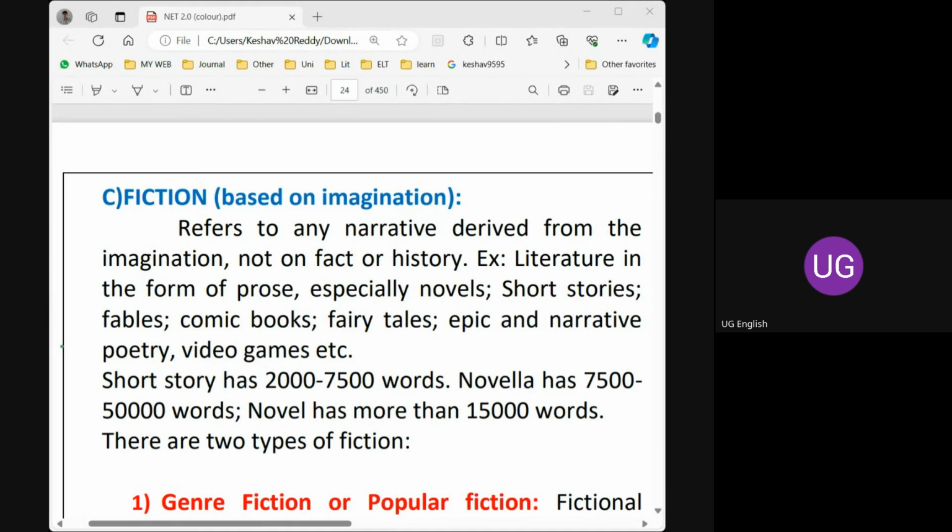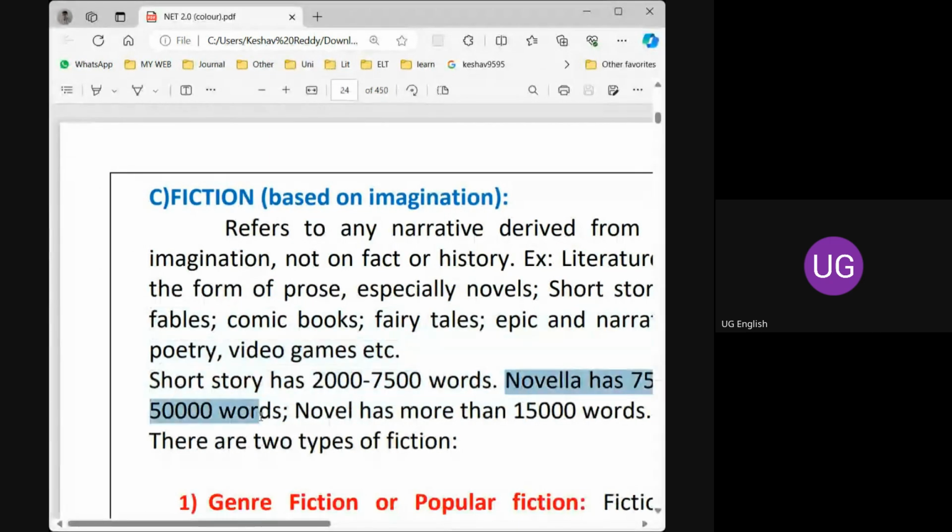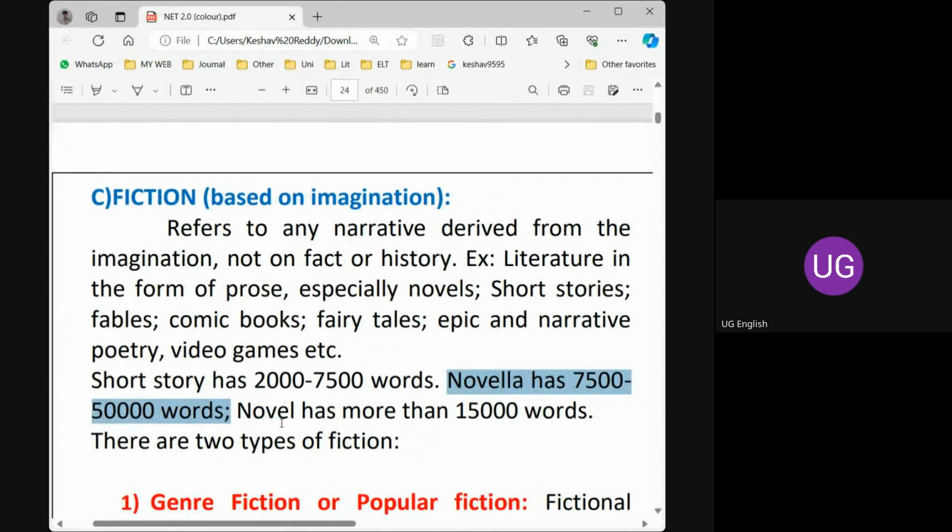But the most important or valuable literary genre is the novel. Generally, a short story has 2000 to 7500 words. Yesterday sir was giving you an explanation about what is novella. Novella is larger than a short story but smaller than a novel.